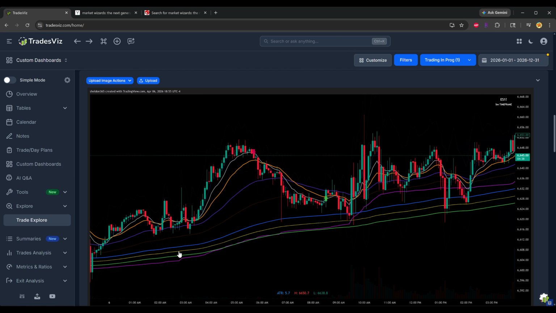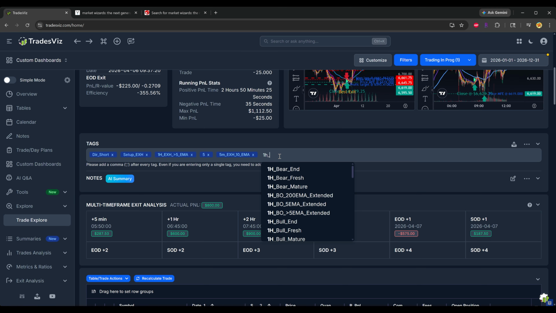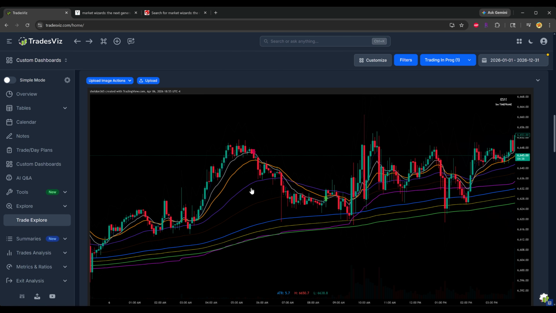Exhaustions typically happen at the 1h_bull end. All this means is that I took it, so this cross versus this cross is considered a bull run. I took it at the end of the bull run, so it's the bull end before the counter cross.